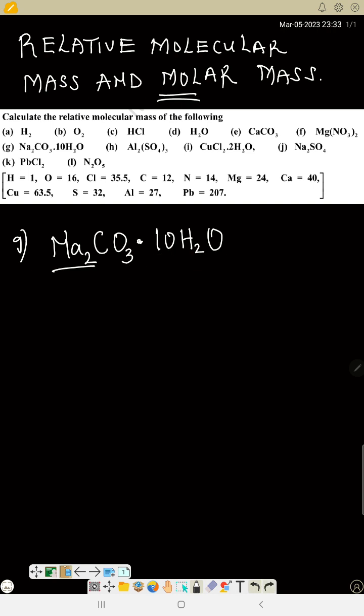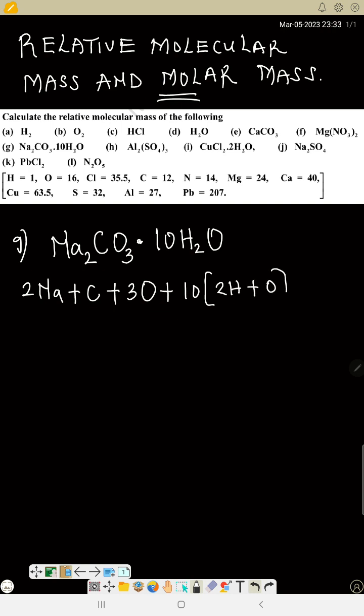Okay, so now I have 2Na plus 1C plus 3O plus 10, then you open brackets, 2H plus O. So how to tackle this 10, you will need to open a bracket like this, then write the water inside. So later the 10 will open the bracket.